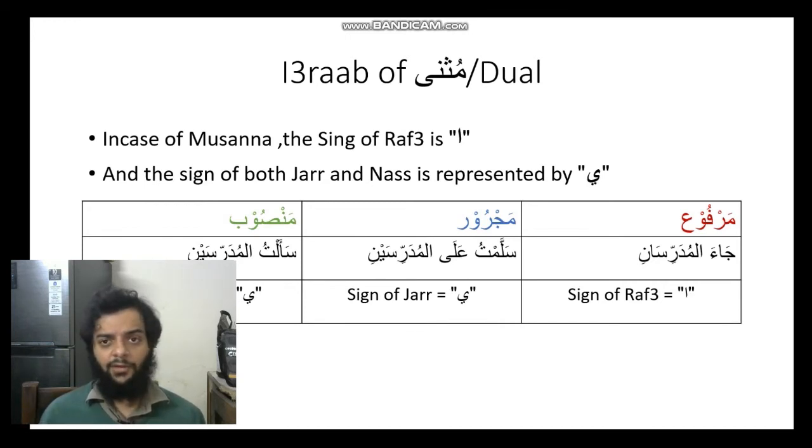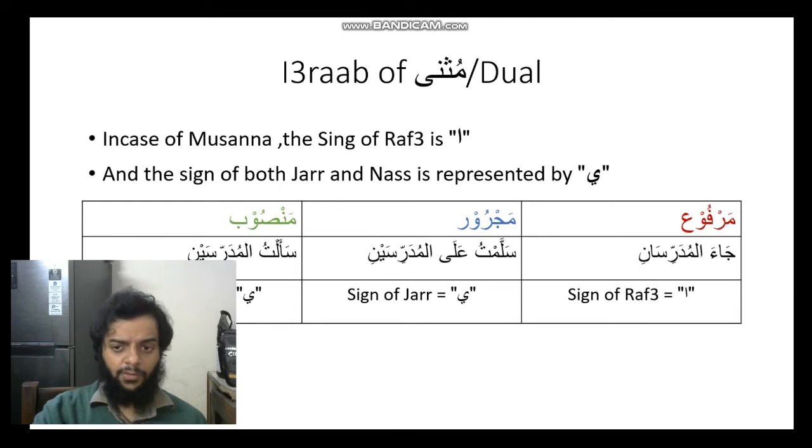If you have any word, for example, al mudarrisu, which means teacher, and you want to make it dual, you just add alif and noon at the end, and you have made your dual. Ja al mudarrisani, the sign of rafa is alif, but majroor and mansub both are represented by ya. For example, sallamtu alal mudarrisaini, sign of jar ya, sa'altul mudarrisaini, sign of nasab ya.